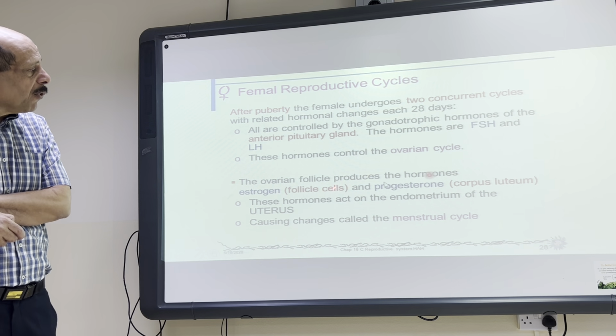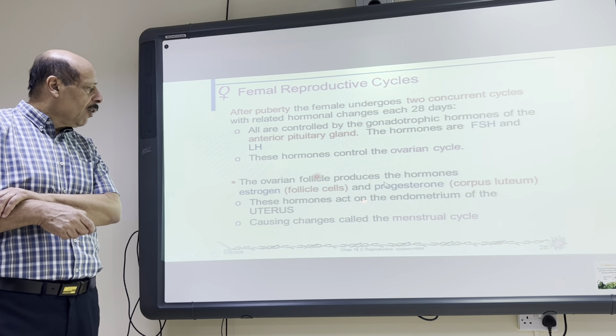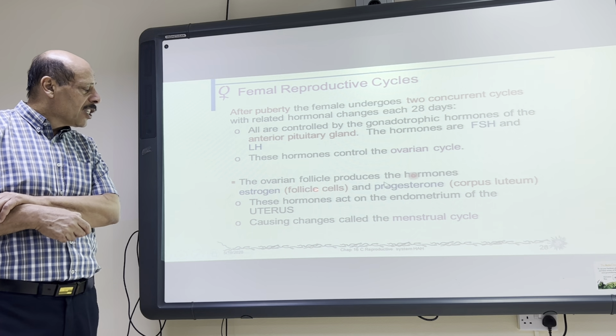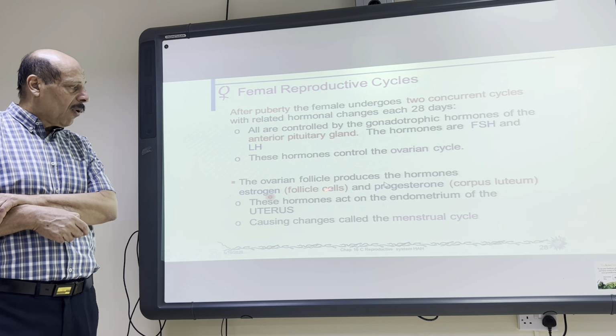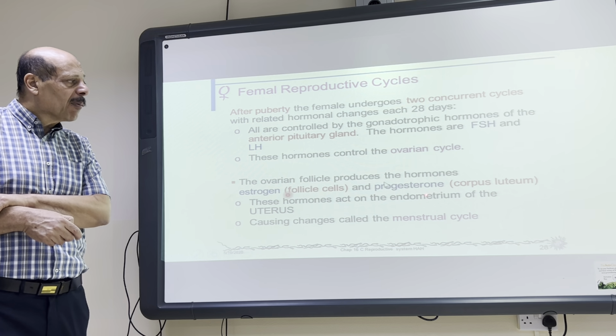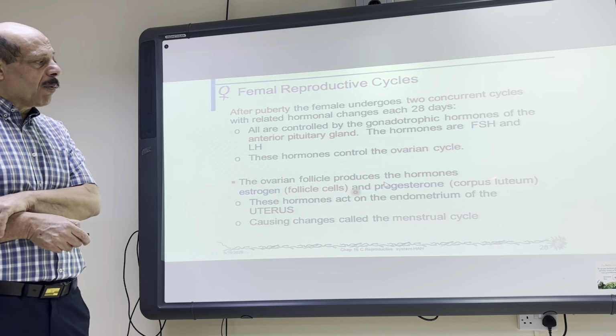The ovarian follicles produce hormones: estrogen from the follicle cells and progesterone from the corpus luteum.